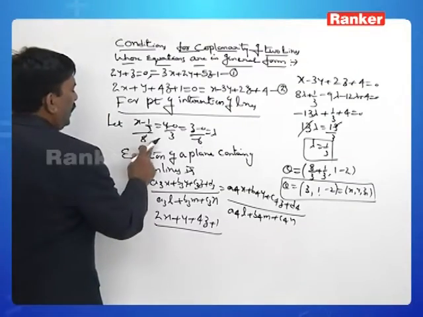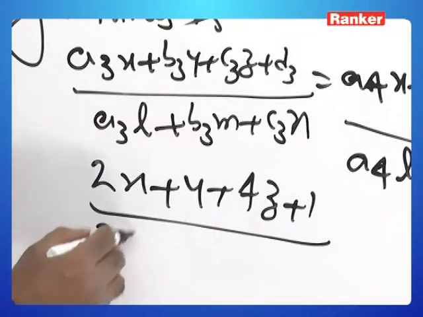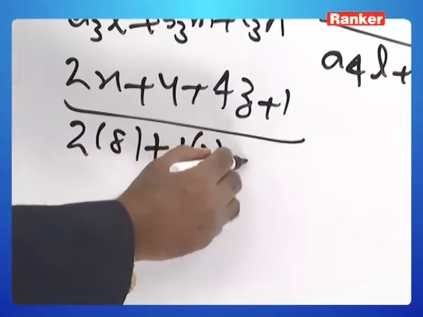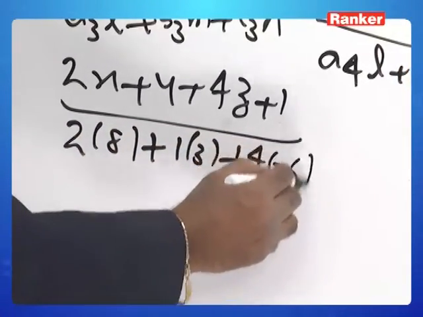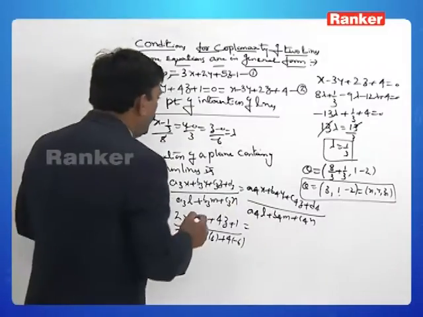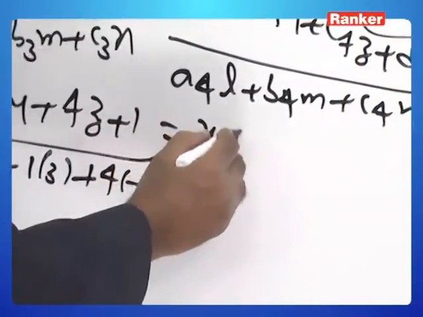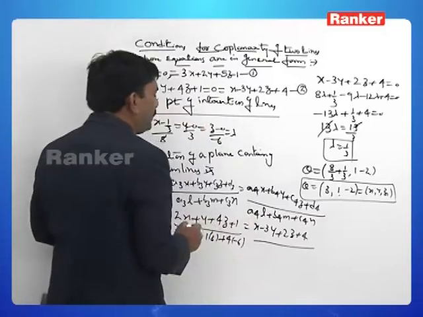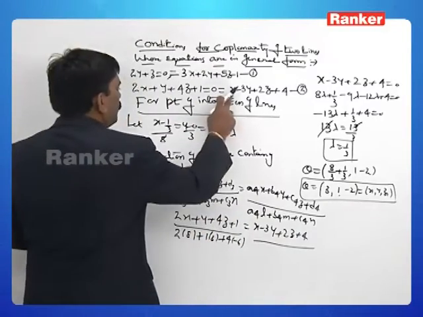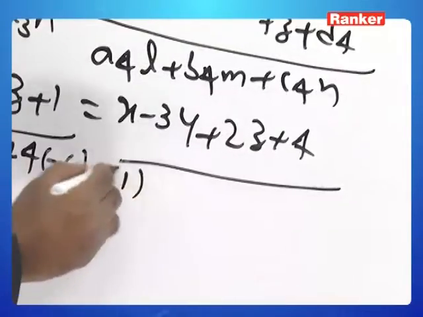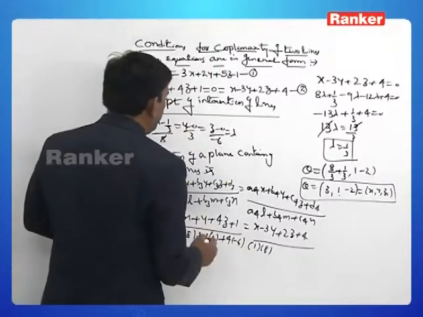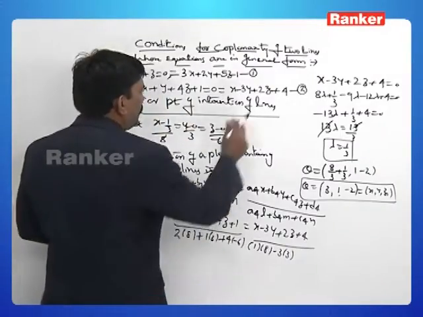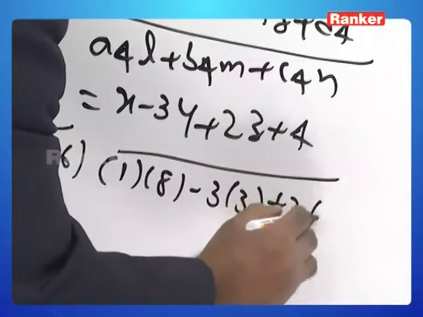So here 2 into 8, next 1 into 3, next 4 into minus 6, is equal to the other side: x minus 3y plus 2z plus 4 whole divided by a4 into L. This is 1 into 8, next minus 3 into 3, next 2 into minus 6.